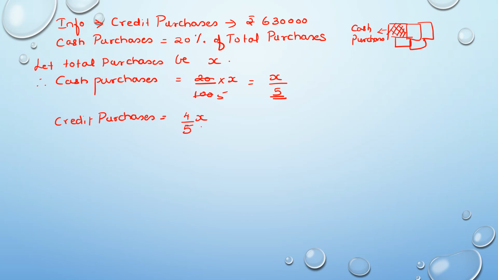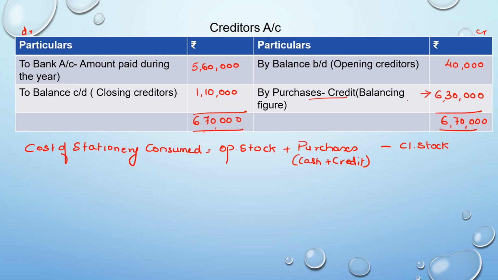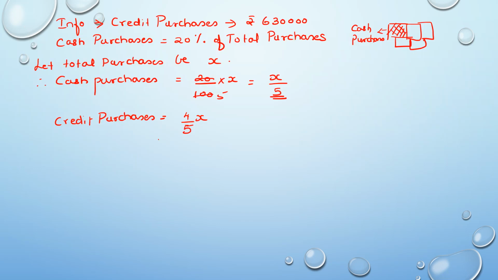Now, already we have prepared the creditors account and found out the credit purchase value to be 6 lakh 30,000. Can't we equate it? We can equate this 4 by 5 X value to 6 lakh 30,000. Further, X would be, taking it to the other side, 5 goes to the numerator and 4 to the denominator, so 6 lakh 30,000 into 5 by 4.